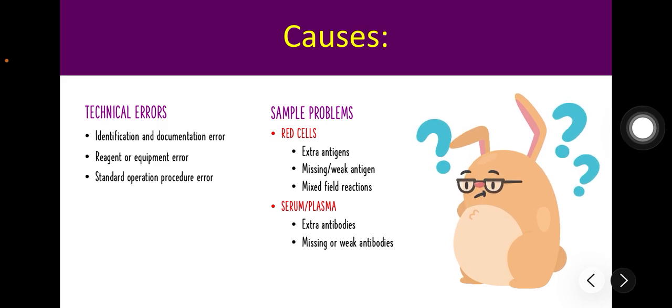Reagent and equipment must be properly maintained and monitored to ensure accurate results. We also have reagent deterioration. If reagents lose their potency or strength, they may produce weak or false negative reactions. Contamination also, using contaminated reagents can lead to false results.